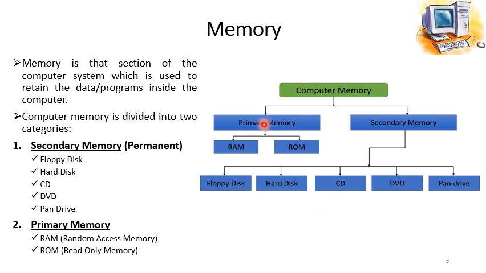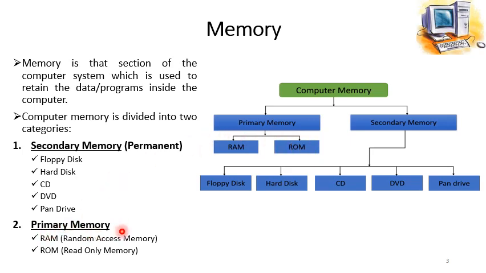As far as the primary memory is concerned, here we can have both types of memories, the volatile type or non-volatile, meaning we can have a temporary memory, and on the other side we can also have the permanent memory working like a primary memory.